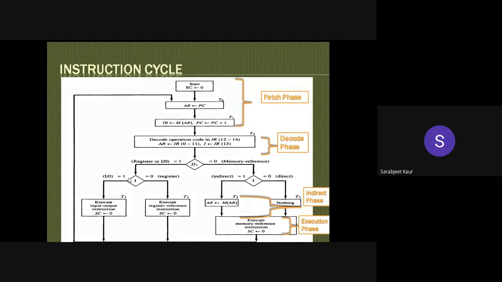Now we are going to look at the detailed instruction cycle with the help of this flow chart that you see on your screen. Every instruction cycle starts with the sequence counter being cleared to 0.